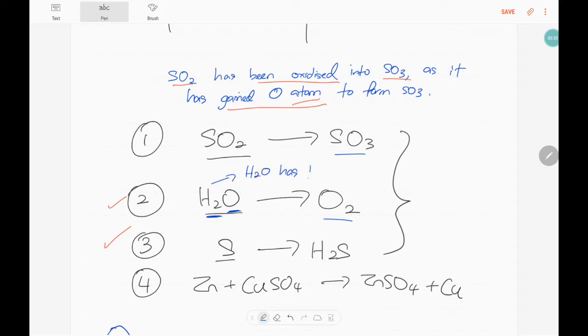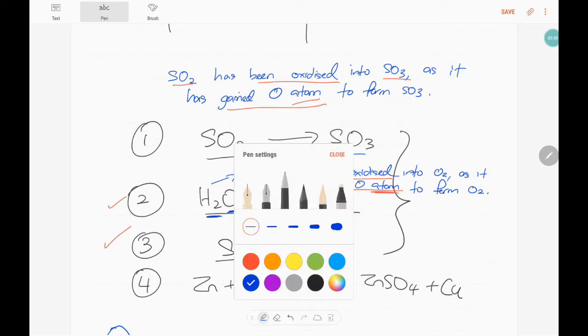So H2O once again has been oxidized into O2 as it has gained, in this case I would use the gain of oxygen atom, to form O2. So once again, oxidized into O2. Why? Gained oxygen atom. Again, atom, and do not mention how many atoms. That's good enough.